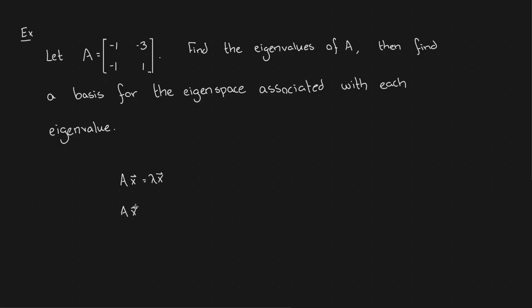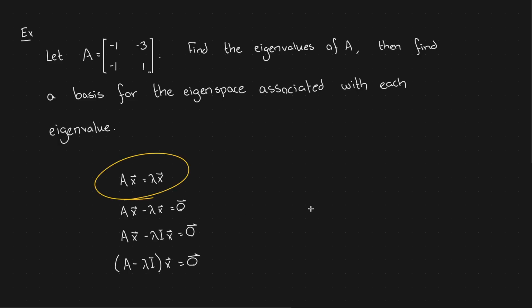If we subtract lambda x to the other side of the equation, throw in the identity matrix so we can factor out x, factor out the x, then having our eigenvalue and eigenvector pairs satisfy this equation is the same as asking them to satisfy this equation.